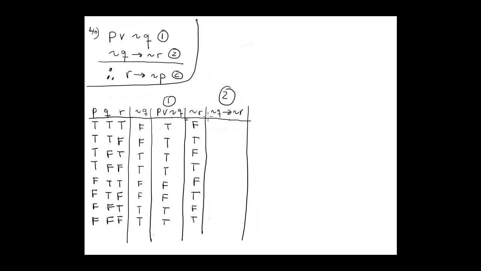Basically, it's the conditional between this column and this column. This column is the antecedent and this column is the consequent. Remember, this is only false when the antecedent is true and the consequent is false. The rest is true.